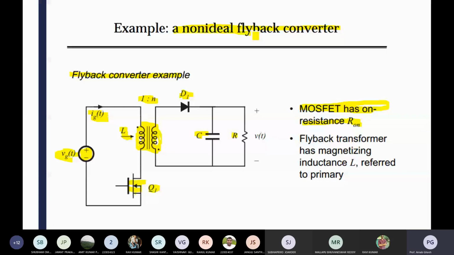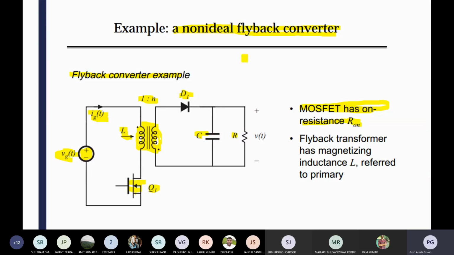In the case of an ideal flyback or ideal buck-boost converter, you are not considering the ESR, the equivalent series resistance, but here you are going to consider it. That's why it is called a non-ideal flyback converter.